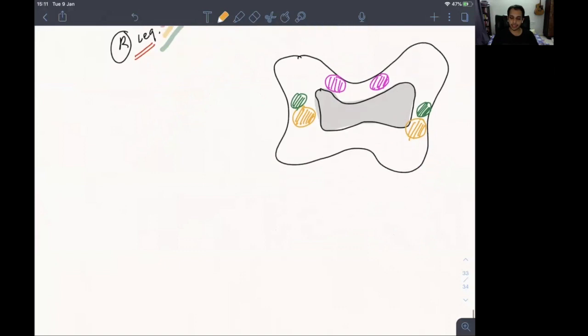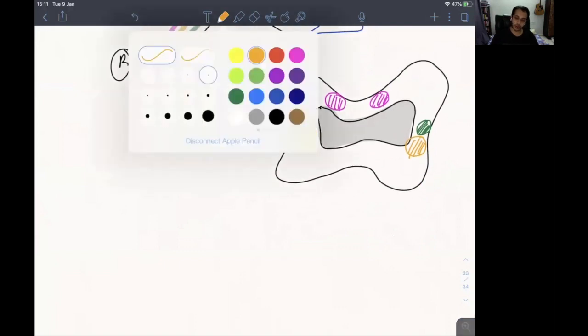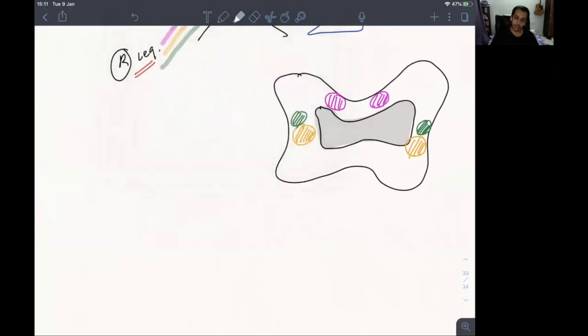So let us imagine a lesion that only affects one half of the spinal cord. So it only affects the left part of the spinal cord. Okay. So the left part of the spinal cord is now affected and the right part is spared. So this is the right spinal cord and this is the left spinal cord. Only the left part is affected.